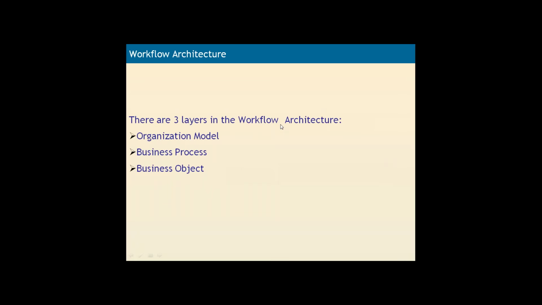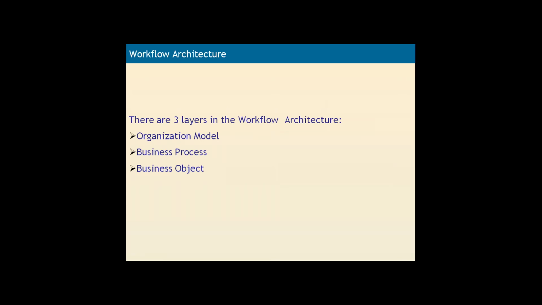Okay, so finally, to implement any product, we need some architecture. Here in SAP workflow, the architecture has three layers: basically the organizational model, the business process, and the business object model, business object.